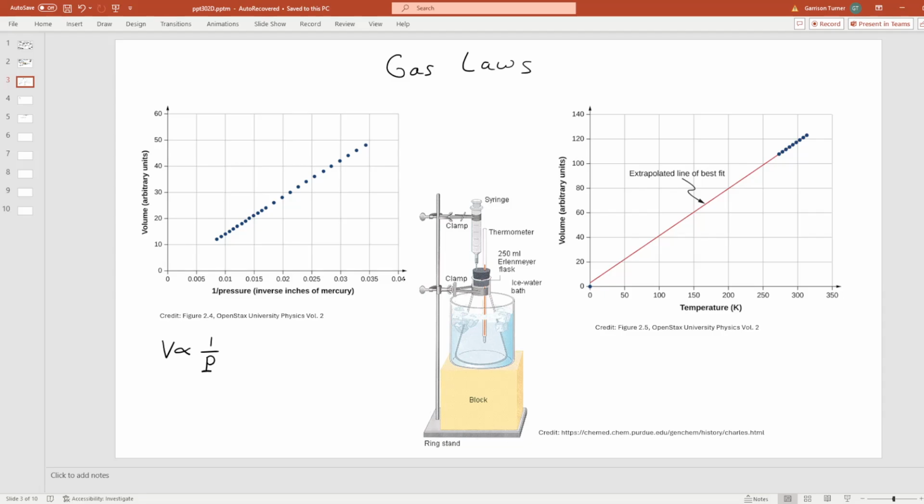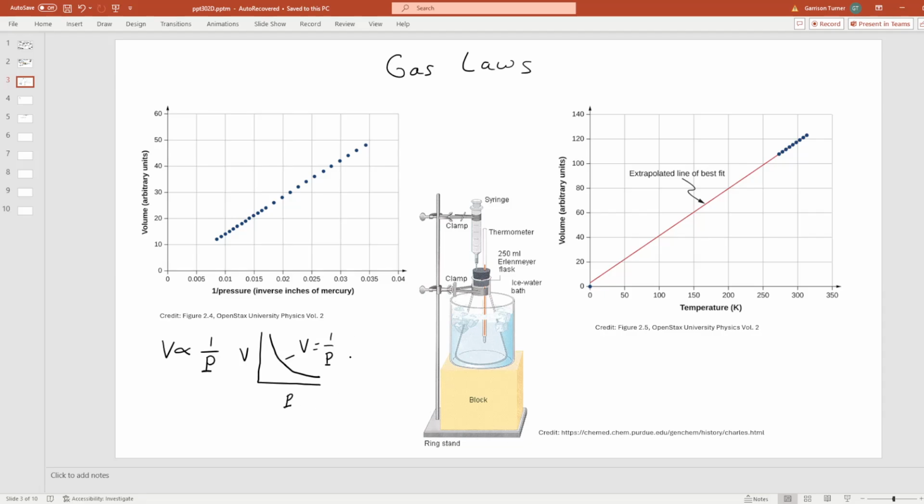And so if you were to actually plot the volume versus the pressure, it would look something like this. Okay, so your volume and your pressure share an inverse relationship, right?